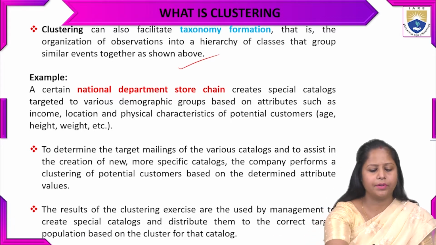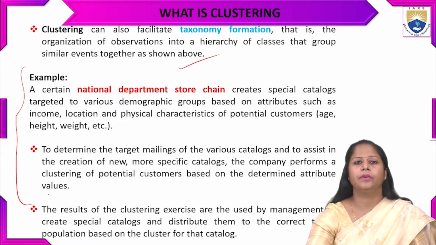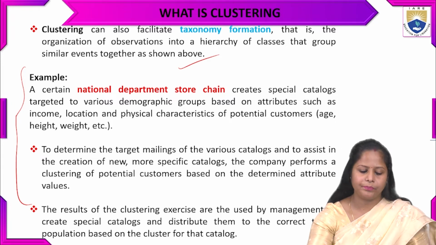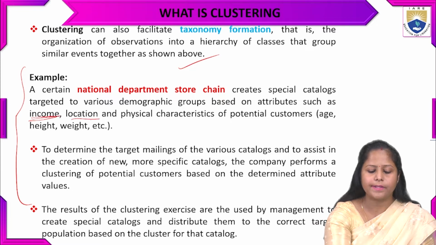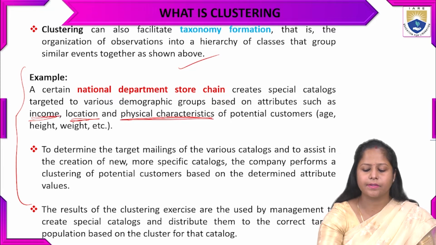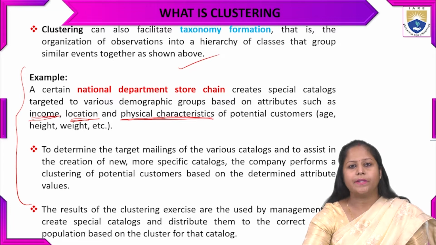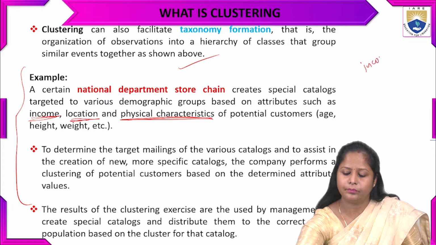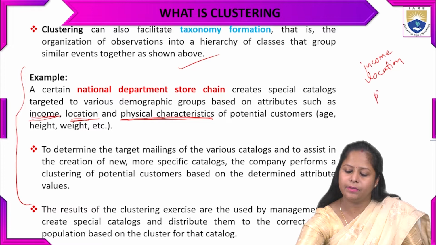For example, a national department store chain creates special catalogs targeted to various demographic groups based on attributes such as income, location, and physical characteristics of potential customers. So here the attributes are income, location, and physical characteristics.